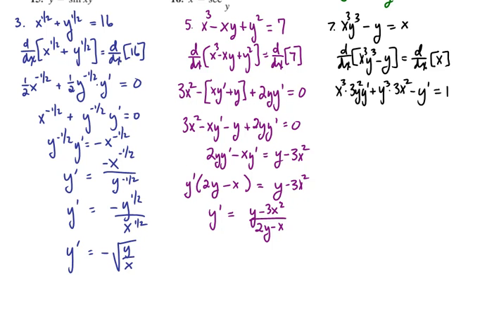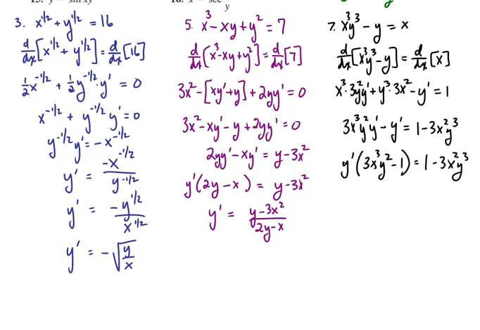So we're going to simplify and collect our y prime terms on the left, moving the others to the right. So the first we'll write as 3x cubed y squared y prime, then minus y prime, and we'll subtract 3x squared y cubed from both sides. We'll factor out the y prime on the left, and we end up with y prime times 3x cubed y squared minus 1 is equal to 1 minus 3x squared y cubed.